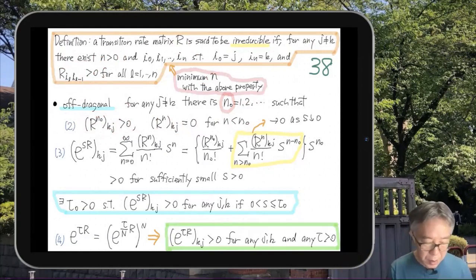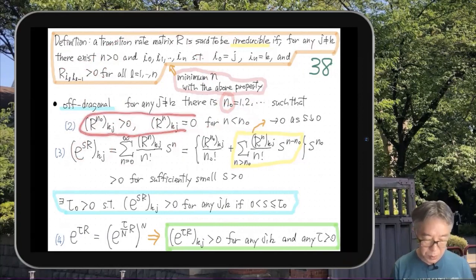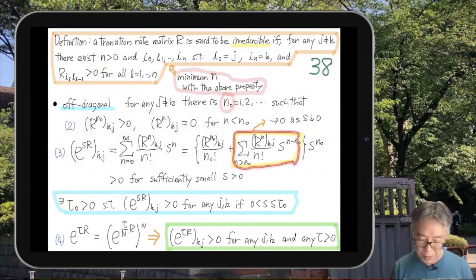So this definition and this choice of n0 guarantees this, and of course this. Then the rest is very easy. Again, I consider this kj element where tau is replaced by s, and this is simply the definition. And because of these properties, this power series starts from this one, s to the power n0. Okay, and this is strictly positive, and this power series again starts from order s.